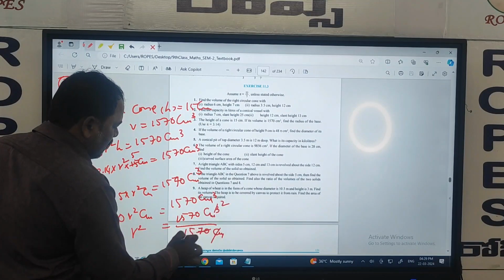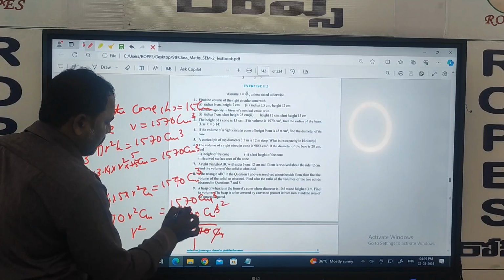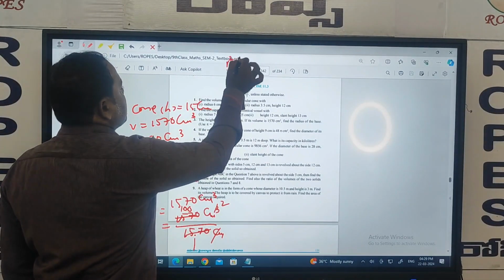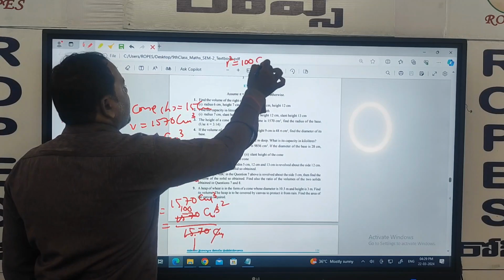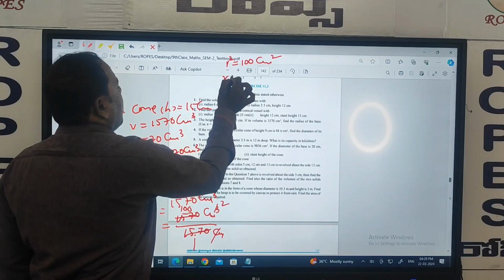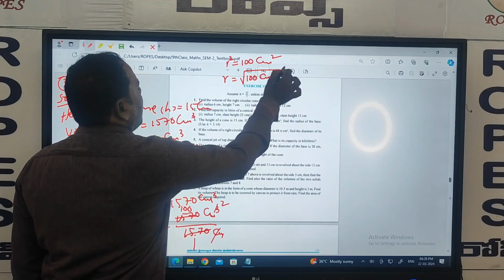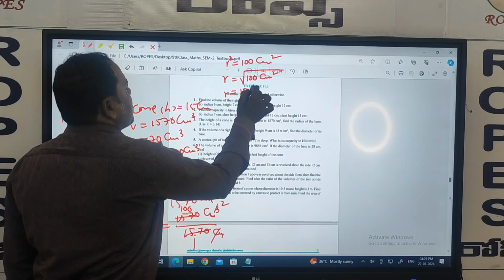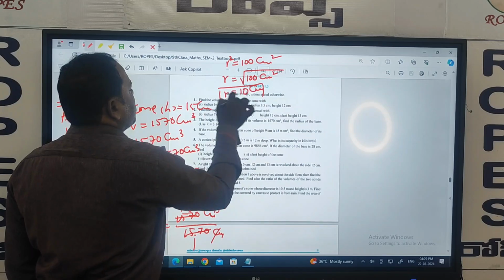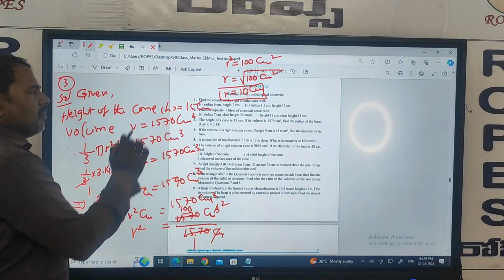Ones are, hundreds are. So r square is equal to 100 centimeter square. R is equal to root of 100 centimeter square. R is equal to 10 centimeters. This is the radius of the base of the cone.